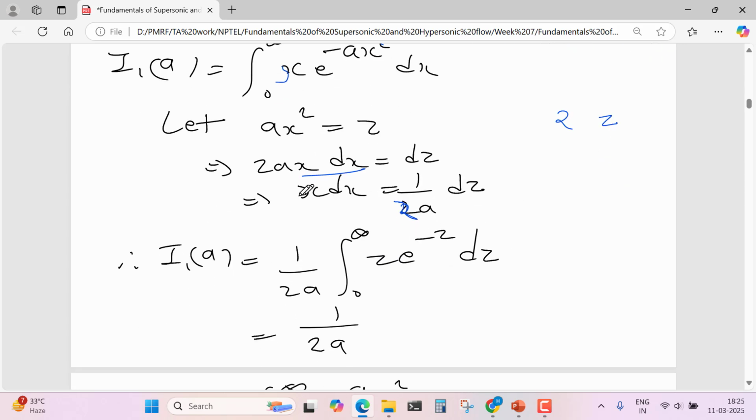So we will substitute this value here. So I_1 here will become 1 upon 2a. This x dx is replaced by 1 upon 2a dz, so 1 upon 2a will come out. Oh, sorry, here it's not z here.